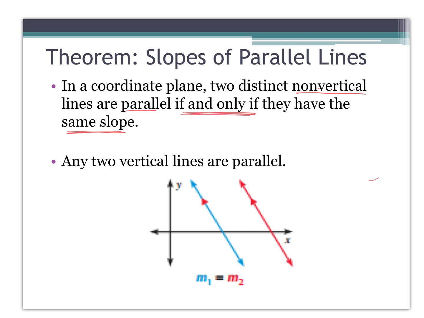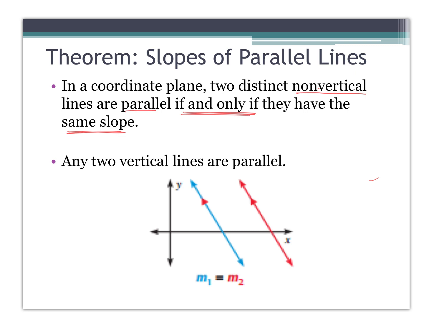Notice this is a biconditional. What this means is it can be used in either direction. In other words, if you're told the non-vertical lines are parallel, then they have the same slope. If you're told two lines have the same slope, then you know that they're parallel. So you can go from one order to the other.